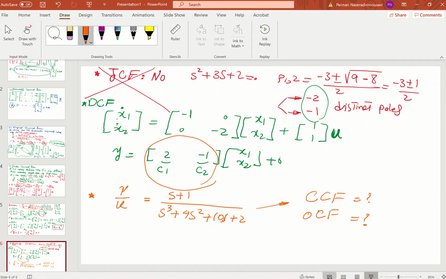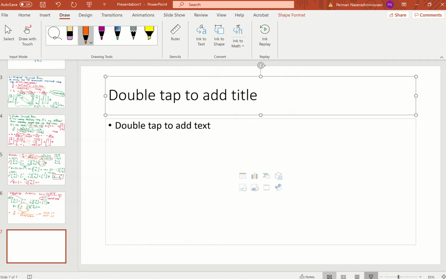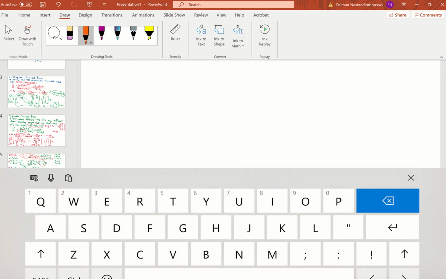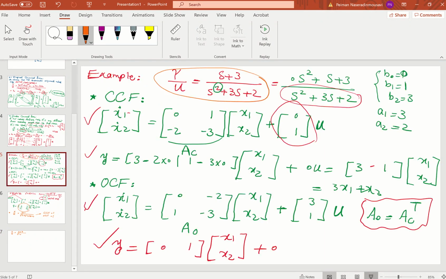These are not mathematics, these are trigonometric mathematics. So our transfer function was this, s plus 3 originally, over s squared plus 3s plus 2.